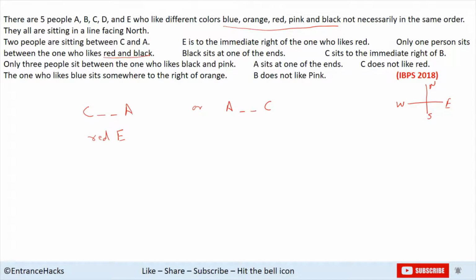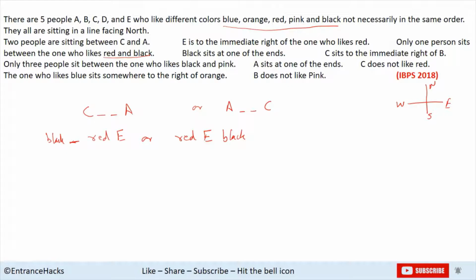Since only one person is between red and black, we can modify this statement to get black, one person, red, or it could be red, E, black. So black could be either on the left side of red or on the right side. So this is what we can get.